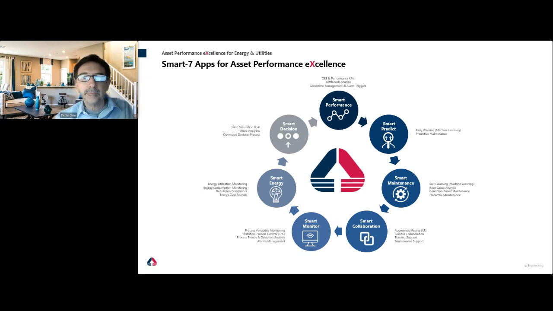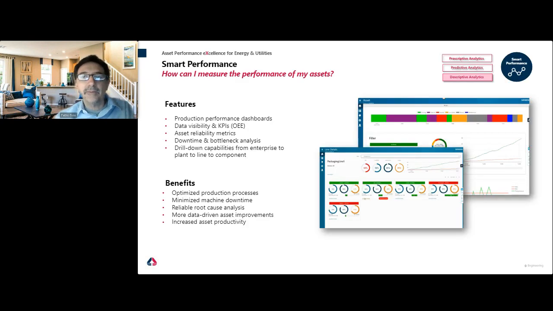So let's start from the first one. How can I measure the performance of my asset? This is probably the basics. Here Smart Performance is really focused around providing descriptive analytics. This is typically the first step.